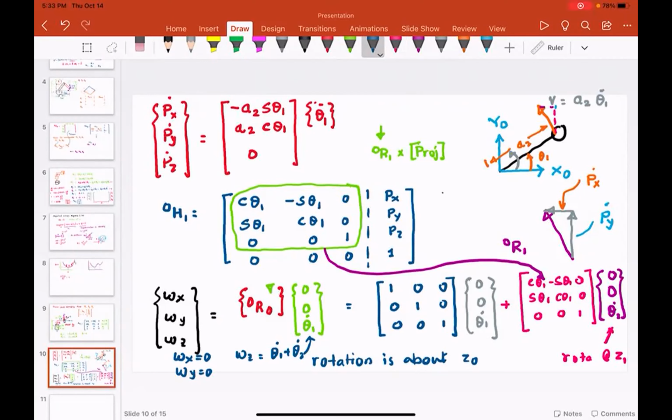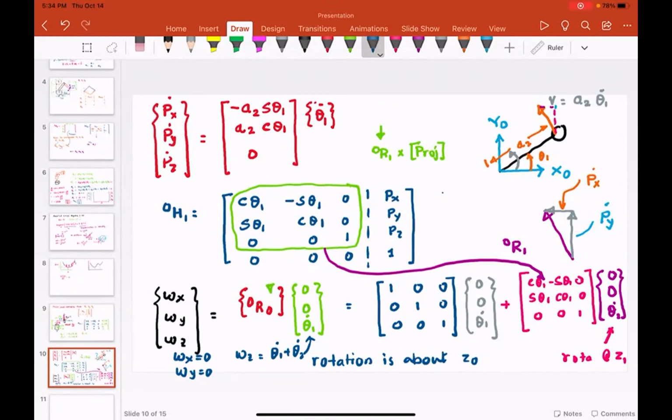Theta 2 dot. Please note, there is no rotation velocity about x1 or y1 because that joint is not rotating about x1 or y1. Everyone understood this? So the final angular velocity will be theta 1 dot plus theta 2 dot. And this is something I want you to remember all the time.